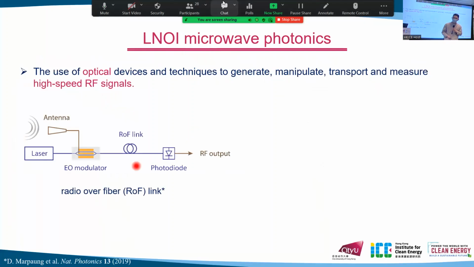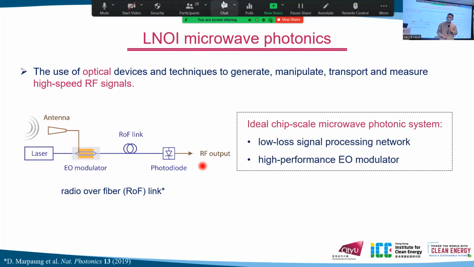This picture shows the radio over fiber links. Initially, a radio signal comes in, and we have an antenna, modulator, fiber, and PD. So this is a very huge system. For this ideal chip-scale microwave photonic system, there are two important ingredients.